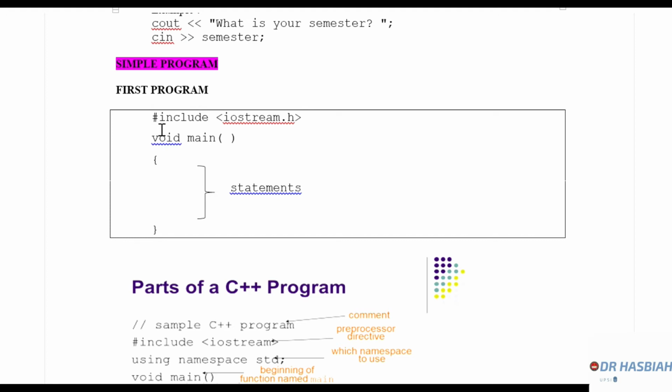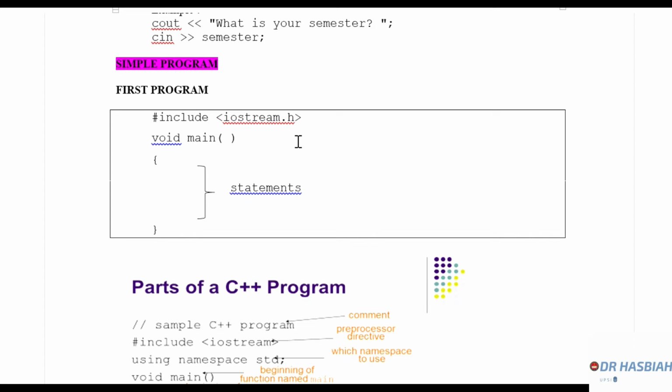You have the hashtag include iostream.h, and then close the bracket here. Then void main, and then open brace, close brace. Between the open and close braces, you can write any statement, cin statement, cout statement, whatever statement you want to write. So this is the beginning of our program, and this is the end of our program.